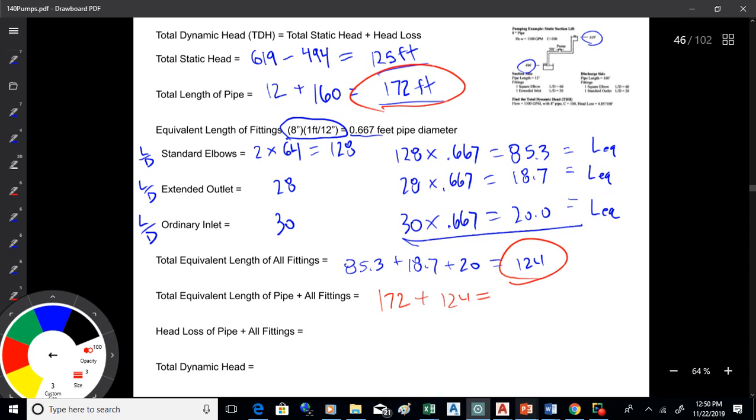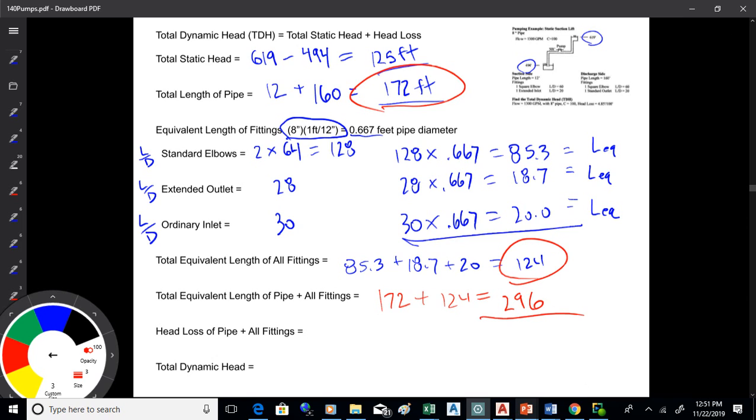And that will get you the length of everything for finding the head loss, 296. And then you just find the head loss for that. So running the water through the 12 feet of pipe on the suction side, the elbow, the inlet, the outlet, and the second elbow is the same as running it through 296 feet of pipe. That's the idea here.